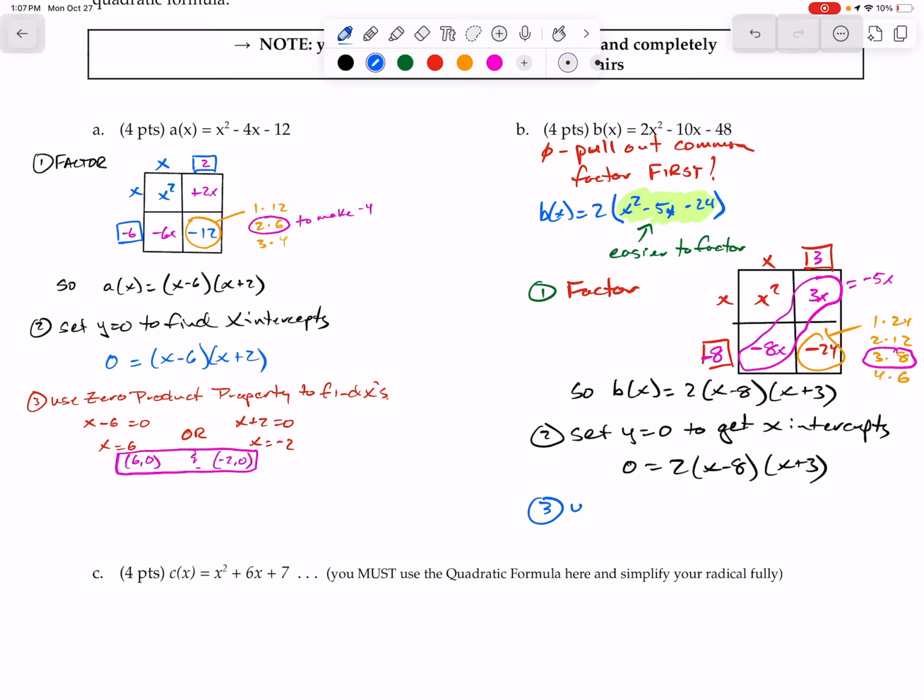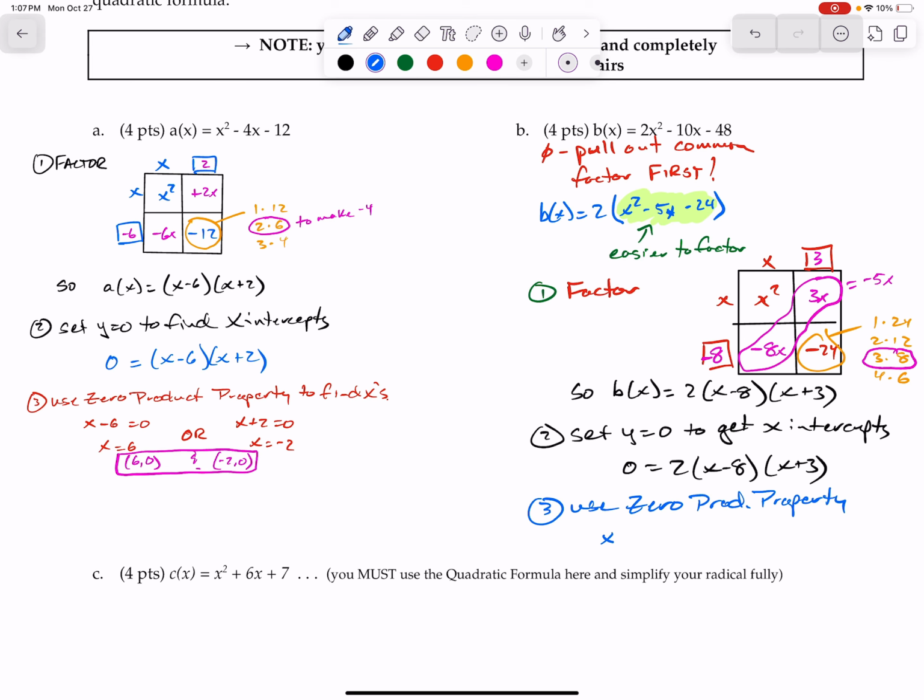And last is use the zero product property. Just like before, x minus 8 has to equal 0, so x equals 8, or x plus 3 equals 0, so x equals negative 3. So our answers are 8, 0 and negative 3, 0.